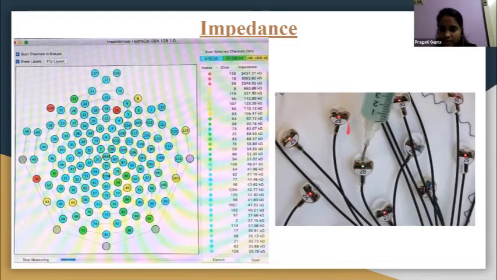On some systems we need to check with the help of a chart how much the impedance is. So before starting the recording, we require these impedance checks for further examination. For example, here 10 is not connected nicely, so we need to put more gel or more salt solution to make it blue or green.